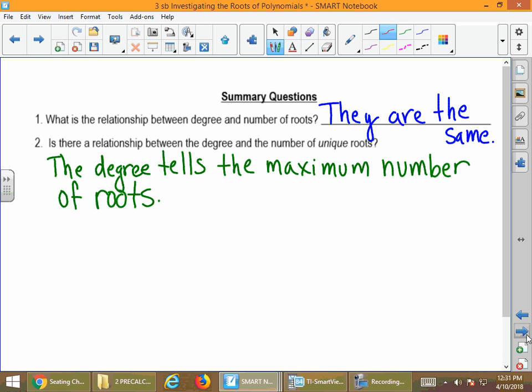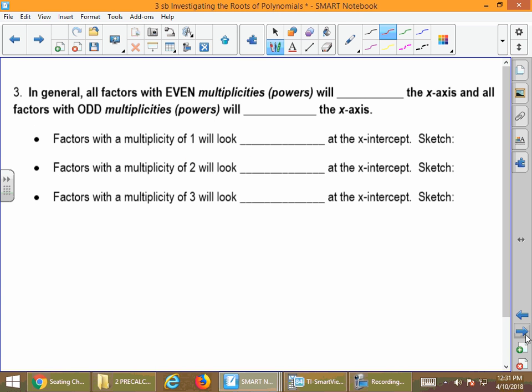We've already kind of discussed the next questions here. I don't want to get too far ahead. I want people who are writing this down to get this down. But we have already talked about that. In general, all factors with even multiplicities, like x squared, are going to touch the x-axis.